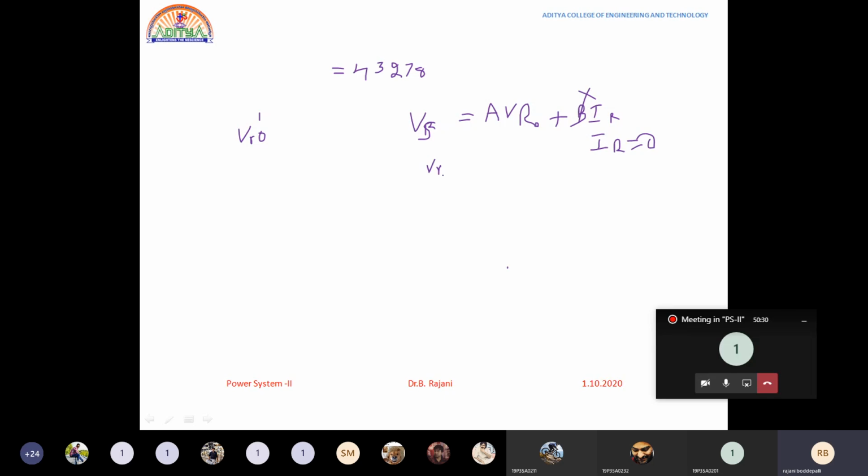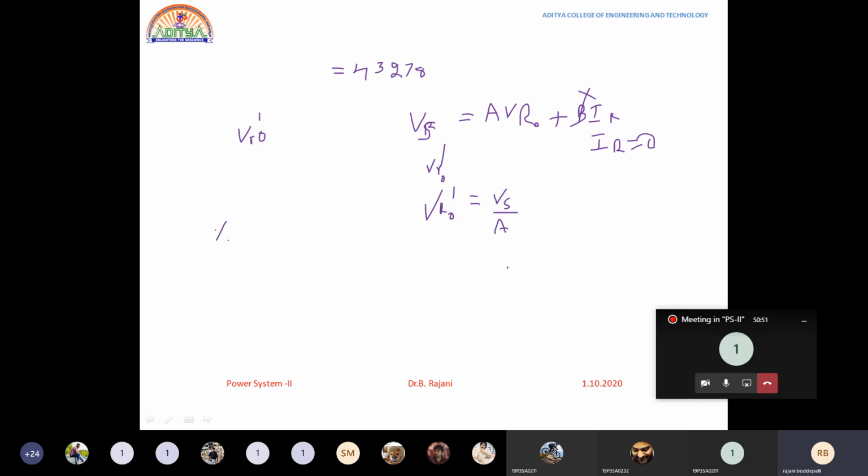So VR at no load is equal to Vs by A. Very, very important. So what is voltage regulation?